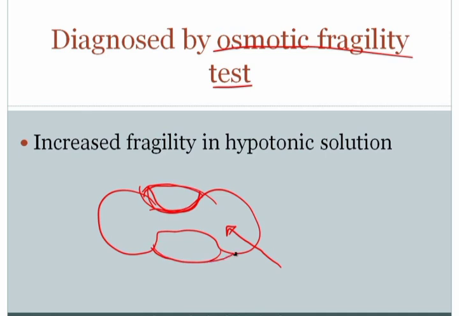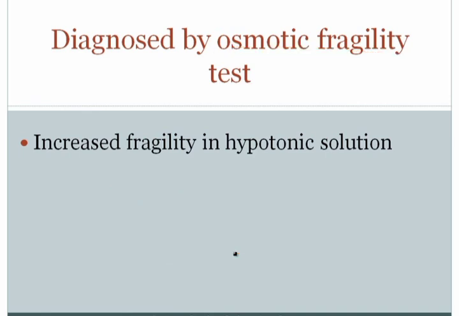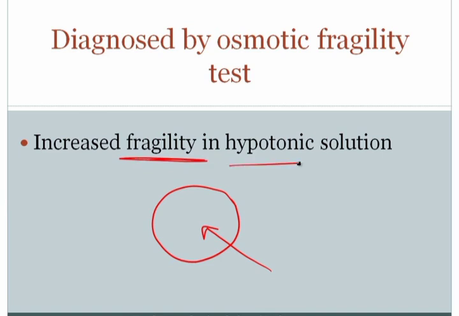So the normal cell is relatively resistant to a hypotonic solution. However, if you actually had a spherocyte, the spherocyte has no extra membrane because the membrane's been removed. And so were this cell to be placed in a hypotonic solution, water would come in, and that would cause the cell to burst very easily. So this cell is fragile in a hypotonic solution, and that's the osmotic fragility test. There is an increased fragility in hypotonic solution.